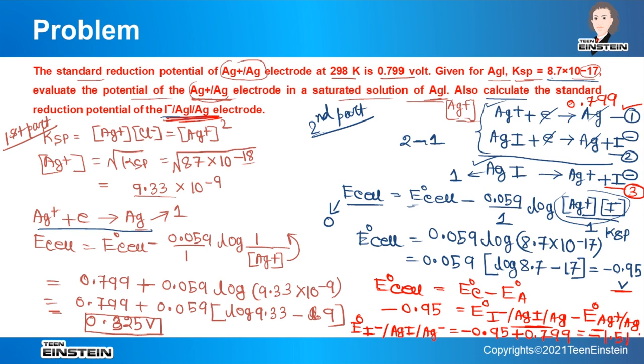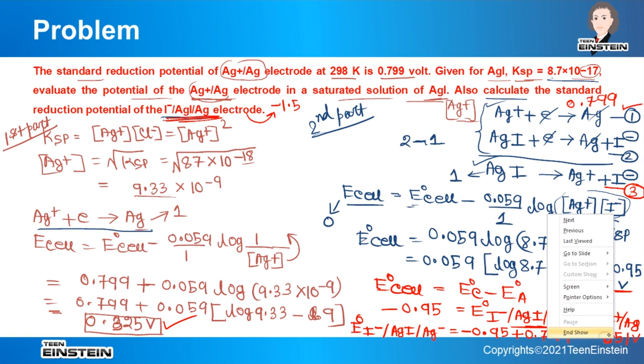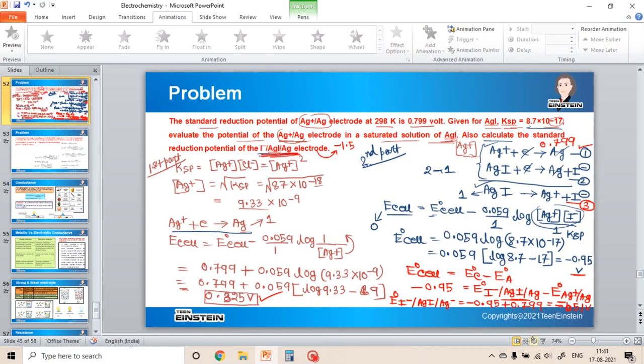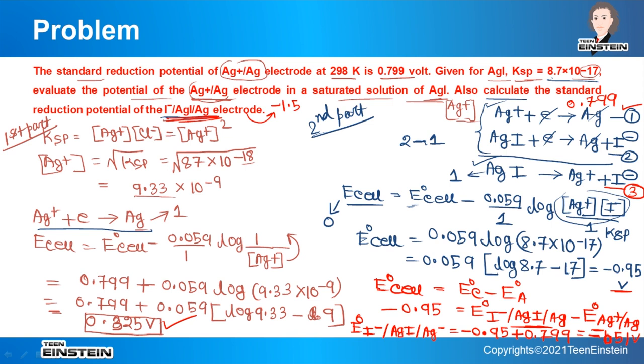1.51 volt. So it is the first answer, and the second answer is also calculated, this part is minus 1.51. Sorry, I have made a mistake. It is not minus 1 point, it is minus 0.151.